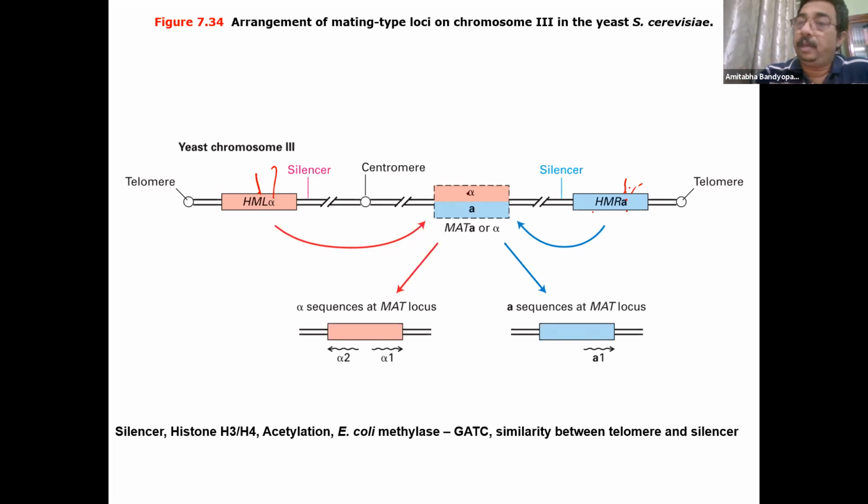So now, therefore, the question is that if all the cis elements are there, because as you can imagine, if you just bring it in here, then alpha mating type is imposed. So if all the cis elements are there, and obviously all the trans elements are there, then why is it that until and unless you move it from near telomeric locus to far away locus towards the center, the mating type phenotype is not expressed? The answer is that near the telomere, it is a heavily heterochromatin structure.